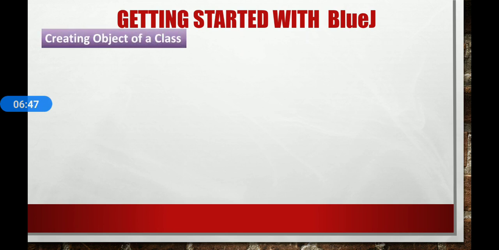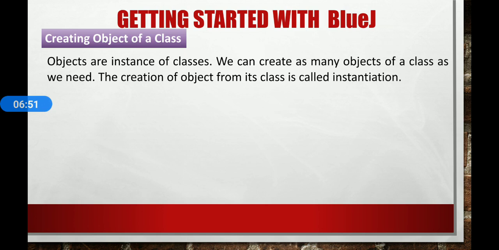Now let's see how to create an object of a class. Objects are instances of classes. We can create as many objects of a class as we need. The creation of an object from its class is called instantiation. To create an instance or object of the class, follow these steps.